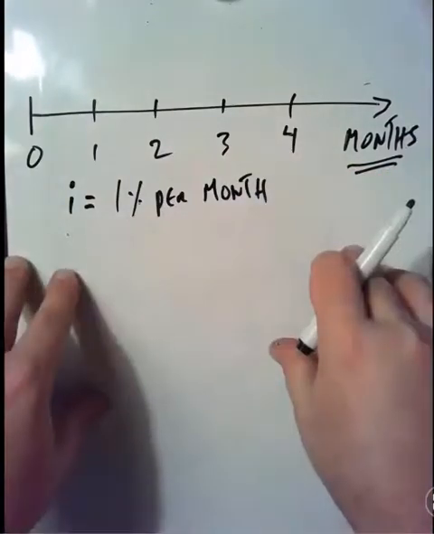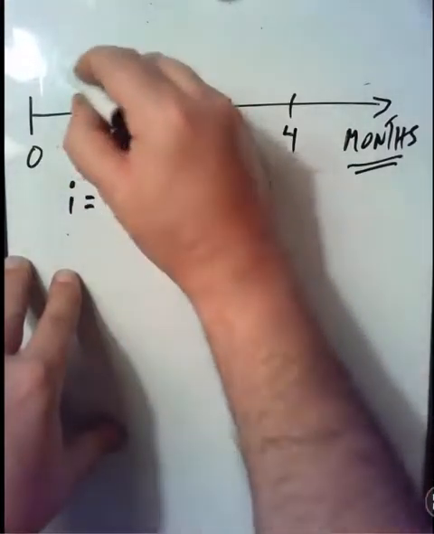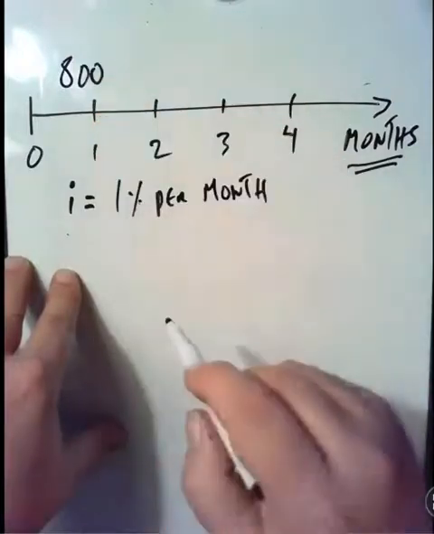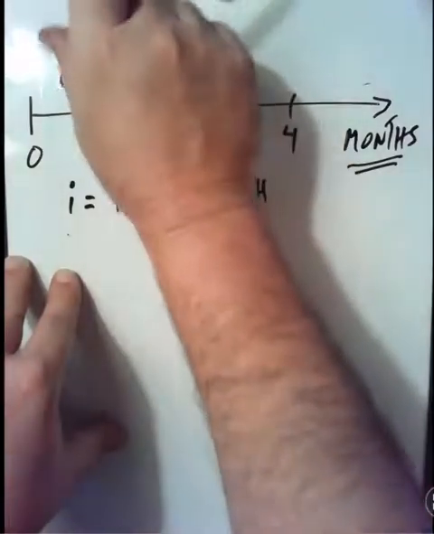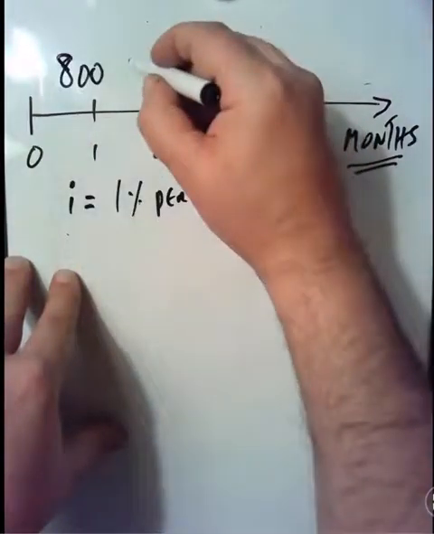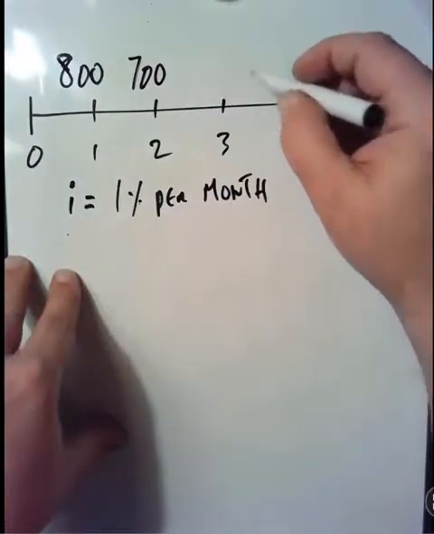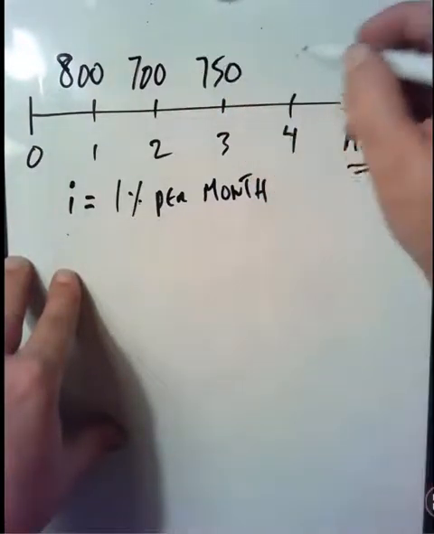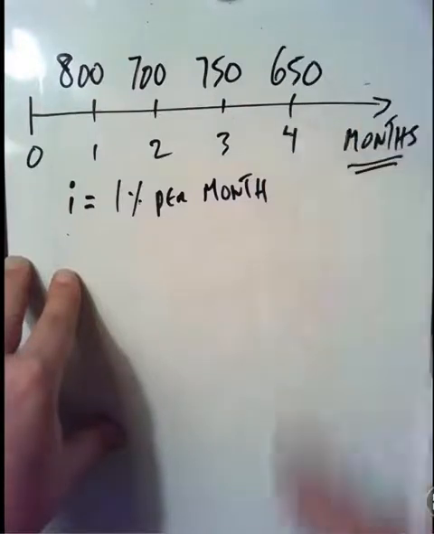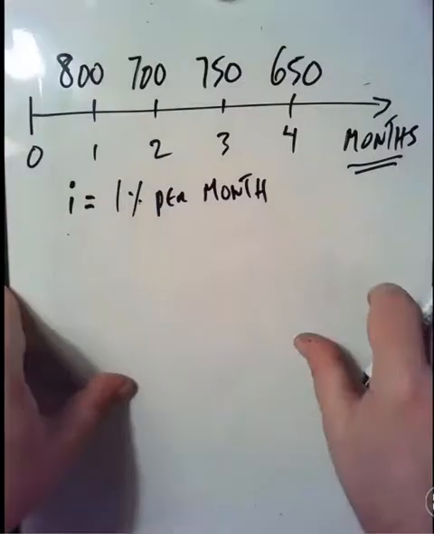And I'm expecting over the next couple of months to have the following net cash flows in my possession. Let's say I am expecting $800 at the end of the first month, then 700, then 750, and let's say by the fourth month I'm expecting $650.